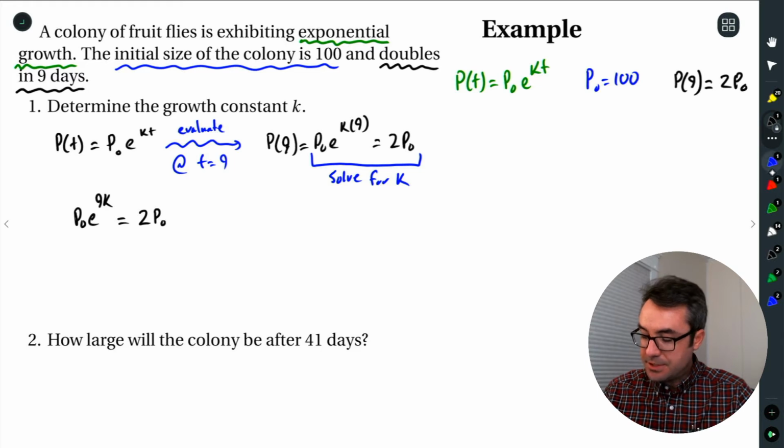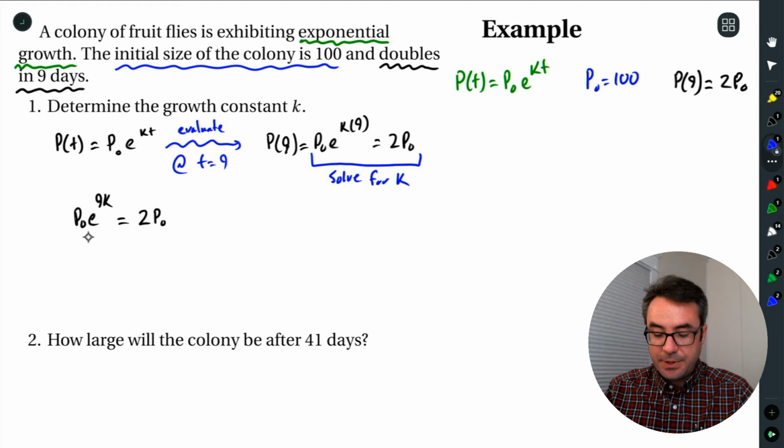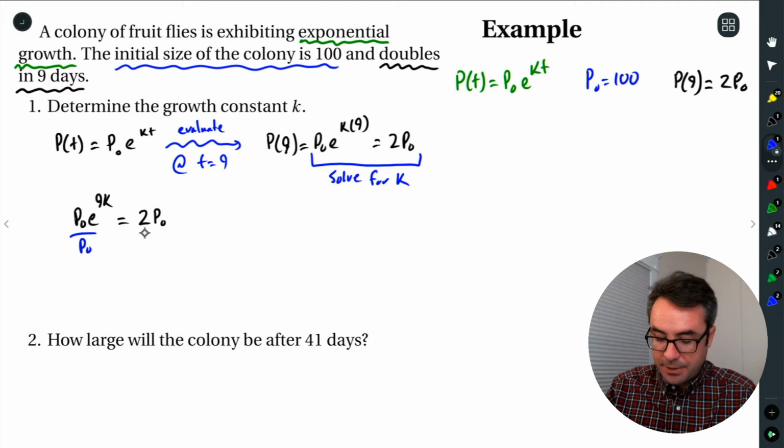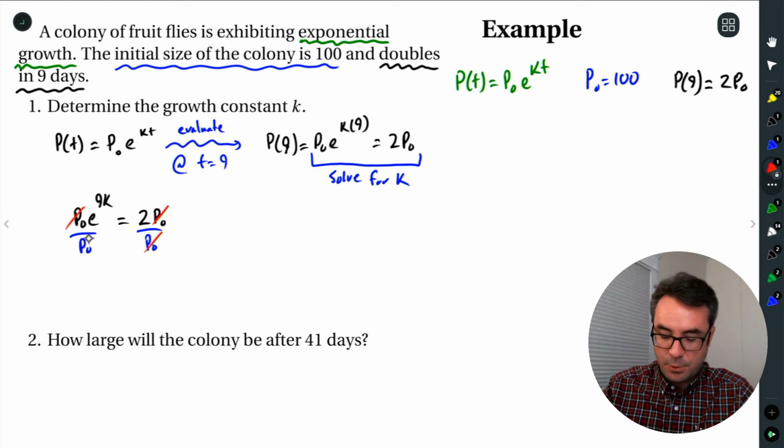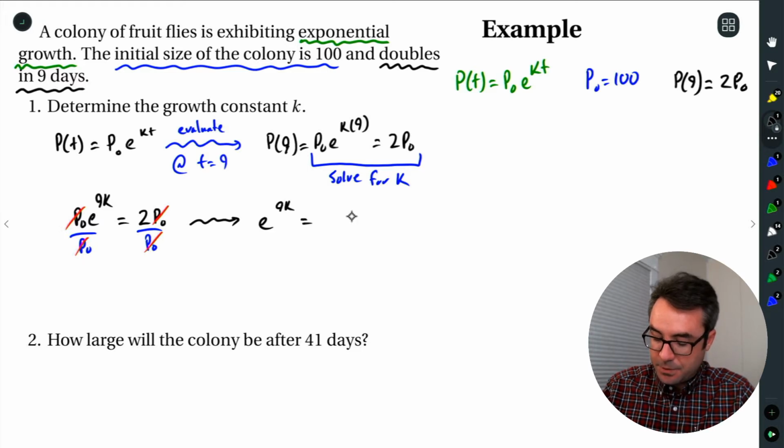Now P0 is just a constant, so we actually know what it is, and if we wanted to, we could fill that in. But in either case, we want to divide both sides of this equation by our starting population. And we see that it's just going to end up canceling out on both sides. So this gives us e raised to the 9k is equal to 2.